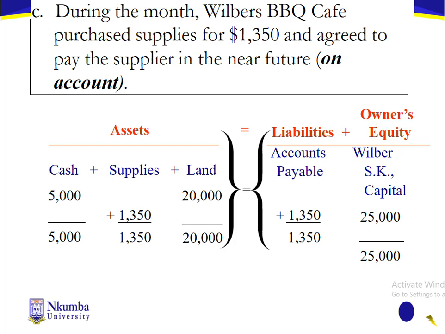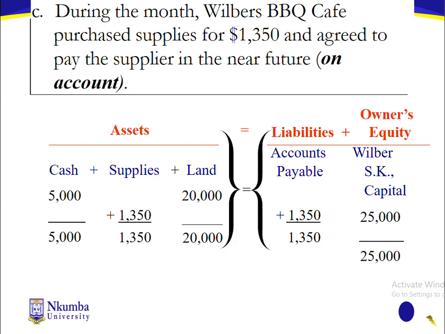We can now see that Wilber's Barbecue is borrowing money. It is buying goods on credit, which means Wilber's Barbecue is acquiring goods on credit, so it is increasing in liability.